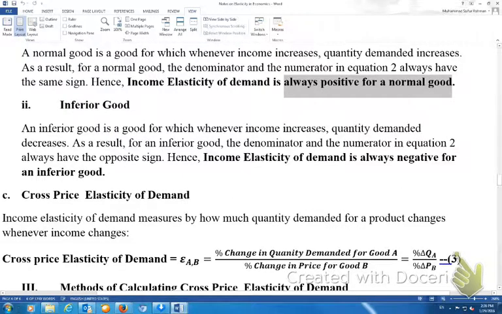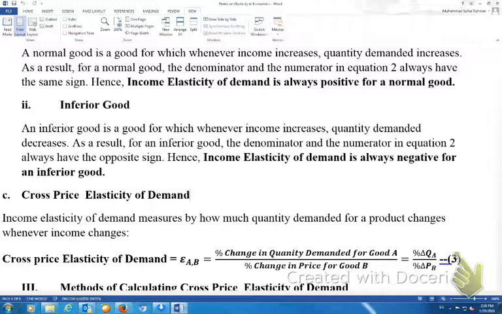On the other hand, we have an inferior good. This is a good for which as income increases, quantity demanded decreases. We have provided a lot of examples about inferior goods. The classical example of an inferior good is ramen noodles, where as your income is low, you are an undergraduate student, you buy a lot of ramen noodles.